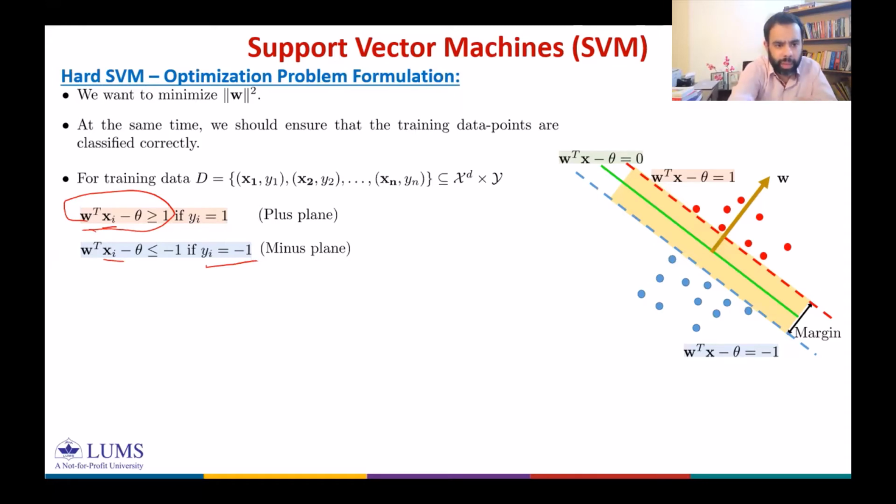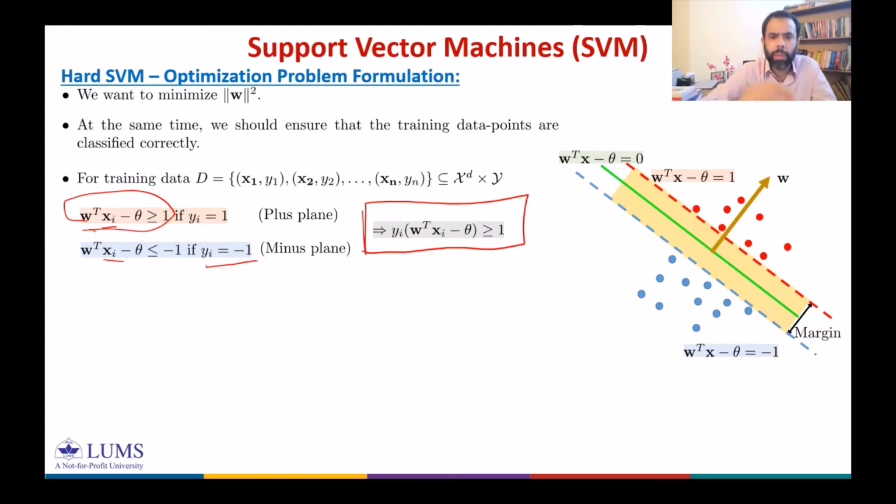And if I can combine these two conditions, I can write simply, I require yi times W transpose xi minus theta is greater than or equal to 1. We have seen this before when we studied perceptron classifier. We can combine these two conditions into this one single equivalent condition.